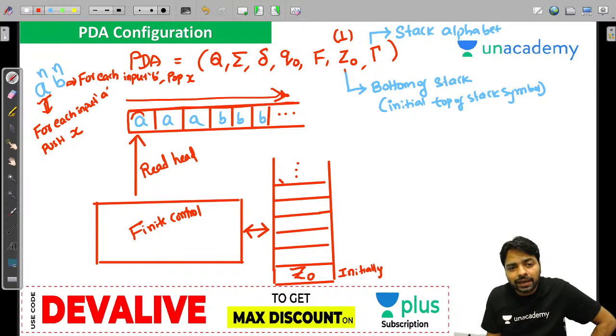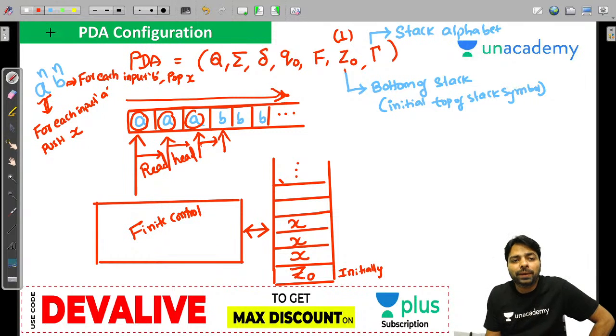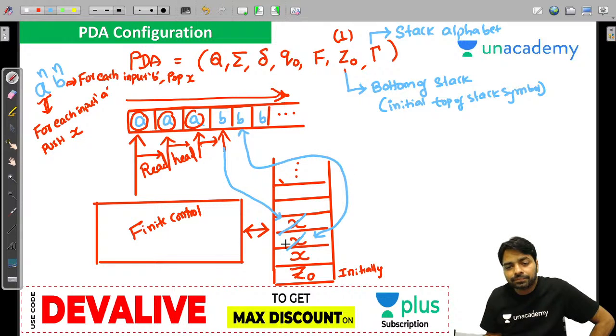When I look at A, I push X, and when I go to the next A, again I push X. The head keeps on moving, and when it sees a B, then it starts popping. This B will pop this X, and the next B will pop the next X, and so on.